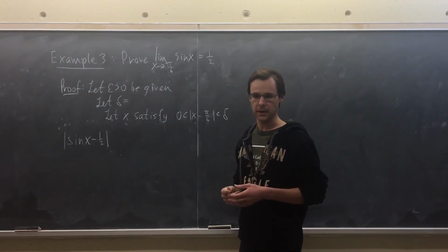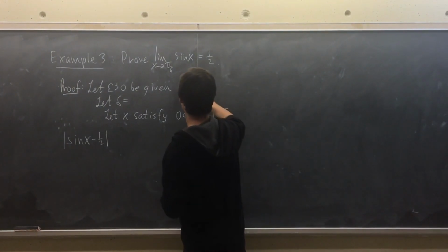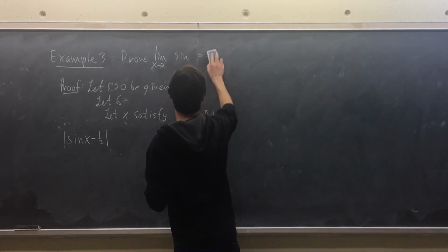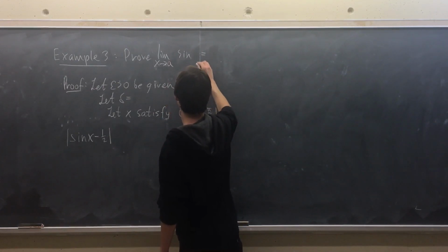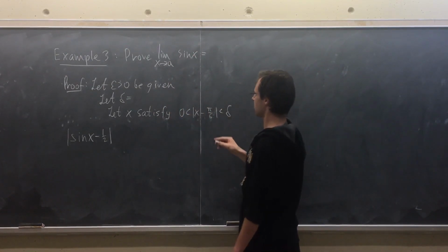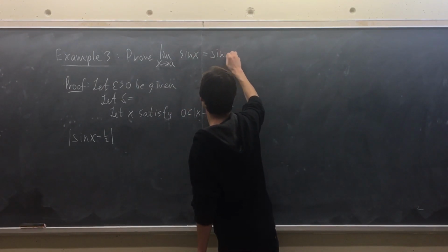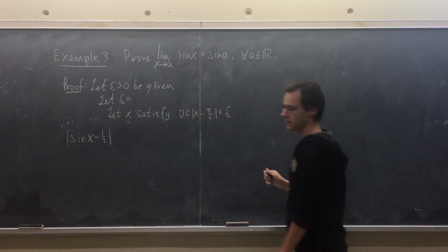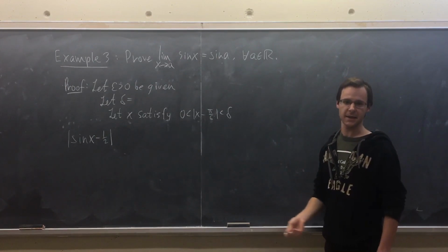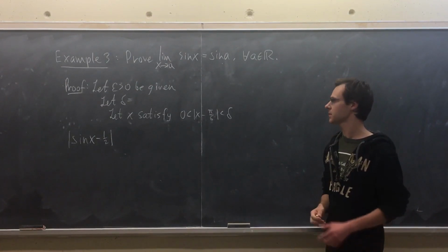So let's generalize the statement. So I'm going to erase the pi over 6. I'm going to erase the limit here. So x is going to be approaching a. And we're going to prove that the limit as x goes to a of sine x equals sine a. And we're going to do this for all a in the real numbers. Okay? So in other words, we're proving that sine x is continuous on all the real numbers.